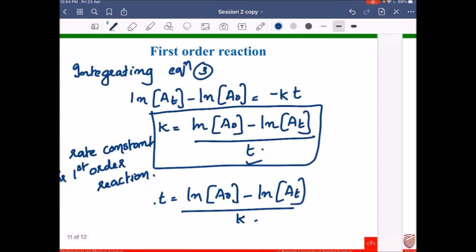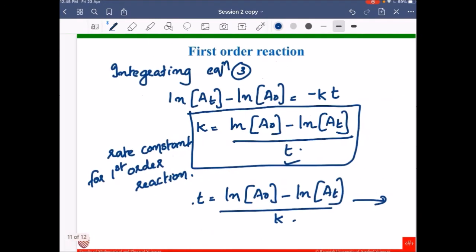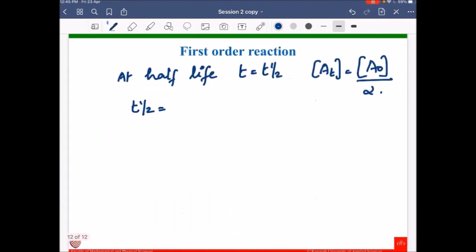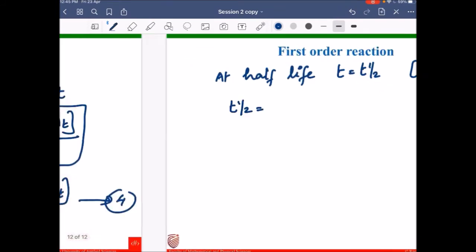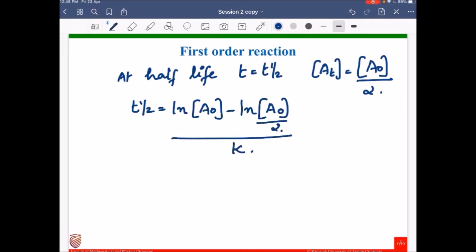Substituting these values in the previous equation, t half equal to ln A0 minus ln A0 by 2, divided by k.